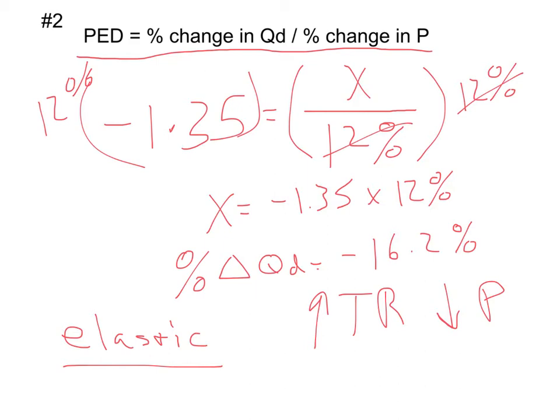The reason is when we increased price by 12%, we saw a resulting even larger drop in quantity demanded. So you're looking at which one is bigger, is essentially the takeaway from elasticity. If the change in price is bigger than the change in quantity demanded, then the demand is inelastic. And that means if you have inelastic demand and you want to raise total revenues, you actually need to raise your price.